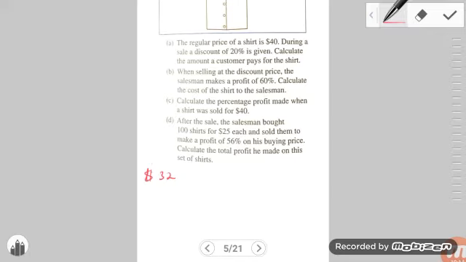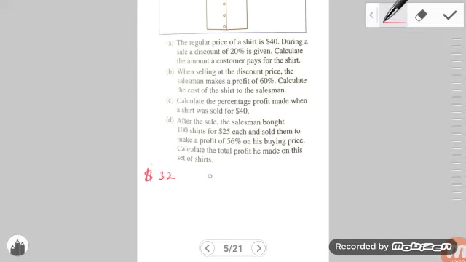So let's see then. At $32, he's making a 60% profit. Which means that this $32 is now going to be the price inclusive of profit.